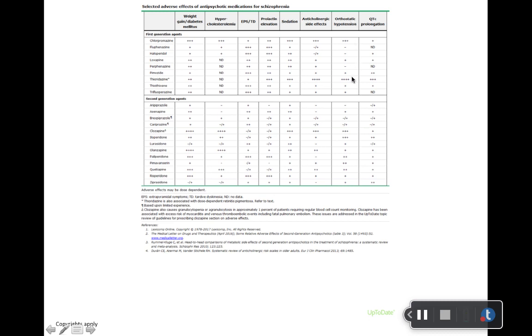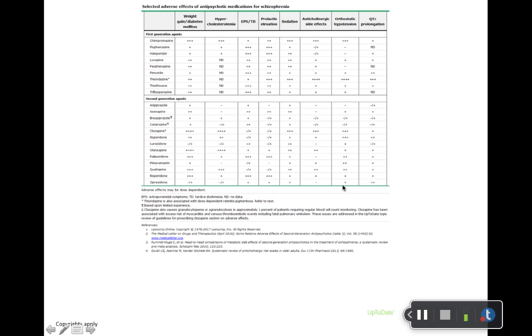Orthostatic hypotension is there. Also, please note that the FDA put that warning in 2017 about fall and fracture risk with elderly population. And then QT prolongation. So great summary here. Definitely make sure you're studying this, looking at this. And these are going to be the big adverse effects that you're going to want to be concerned with the antipsychotics.